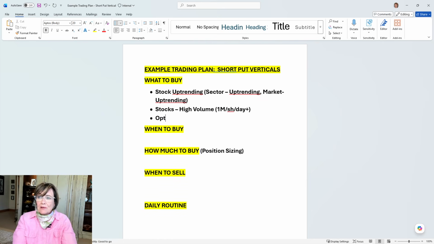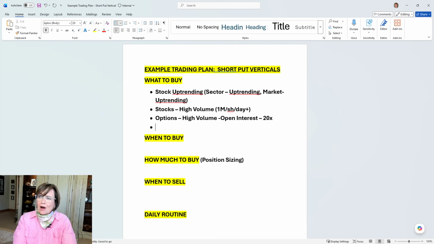And then we might say we want stocks with high volume, because we know if we get stocks with high volume, we're more likely to find options that trade high volume, where the open interest is, ideally, thousands of contracts, but we might say for our minimum, we want it to be at least 20 times the number of contracts that we're going to trade. So that might be our low bar.